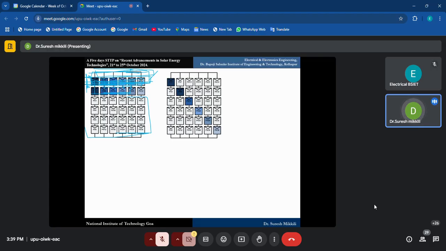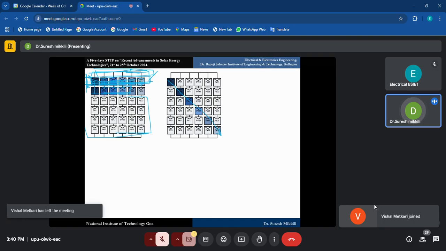At the bottom the width is more, and as you go to the top the width is less. So wherever the width is high, the shading is high and the irradiance is lower. At the top, the shading will be less. Like this, shading can also happen.